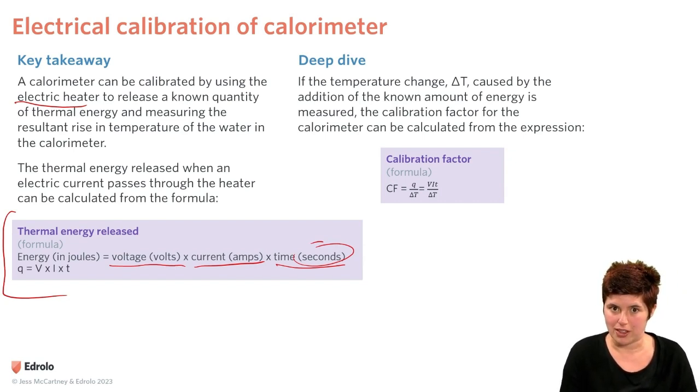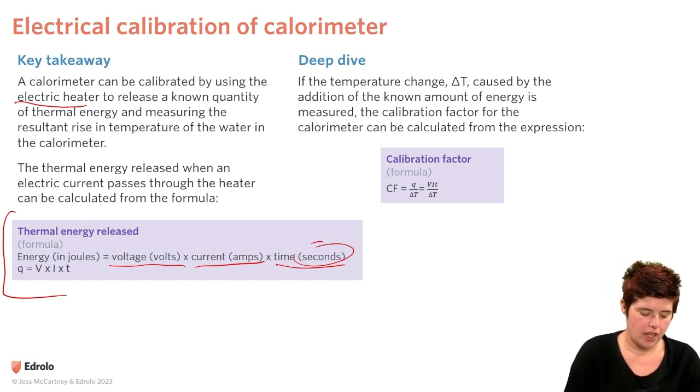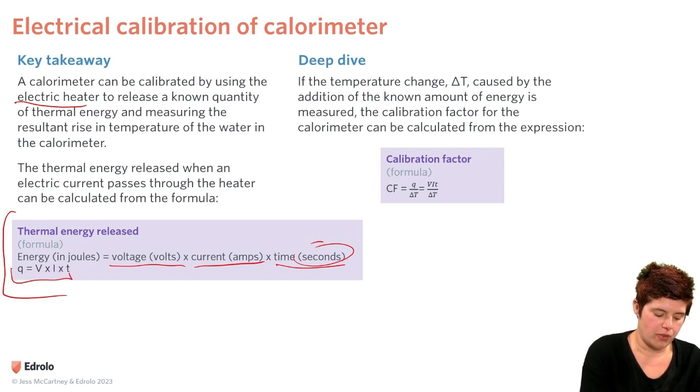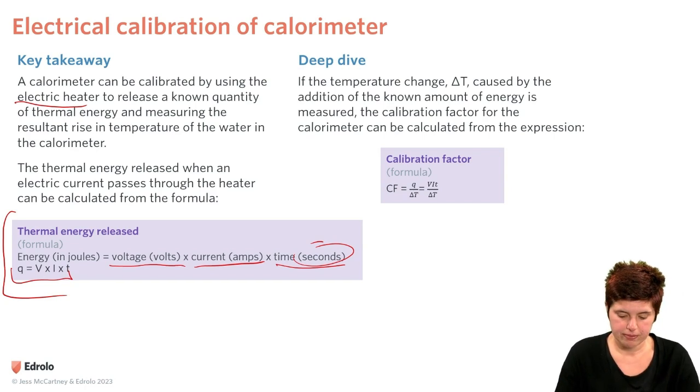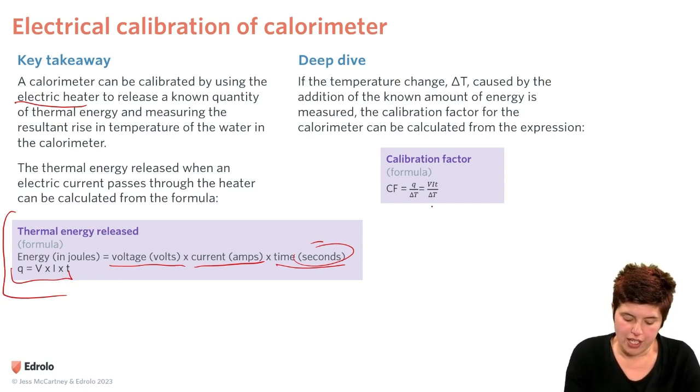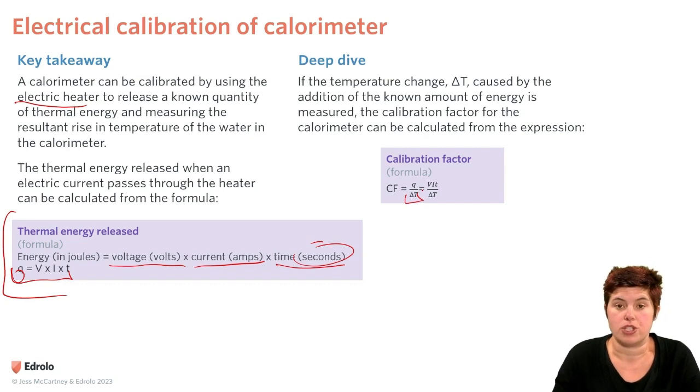You can simplify it down to Q equals V times I times T. Once you have that, you divide the Q by the temperature change, which takes into account how much heat loss is occurring. So it's important that you measure the temperature alongside the volts, amps, and seconds.